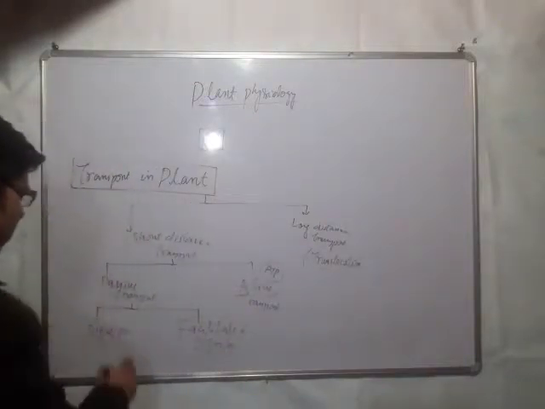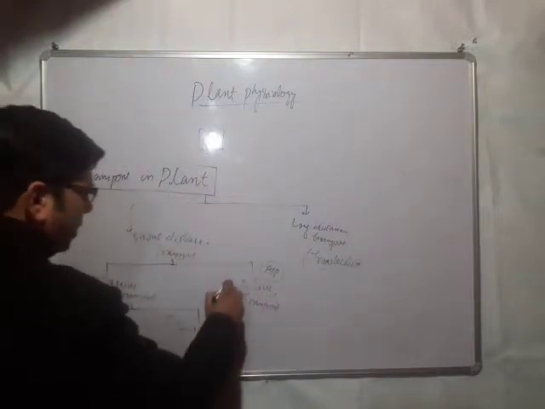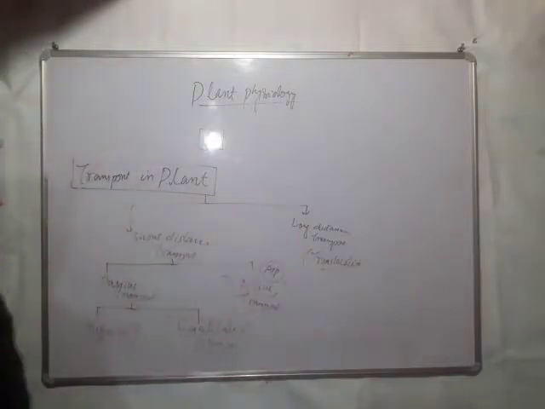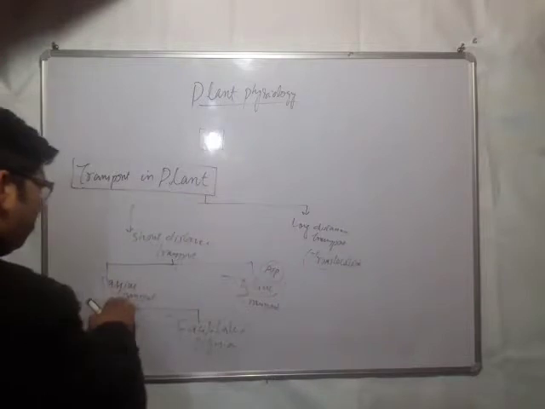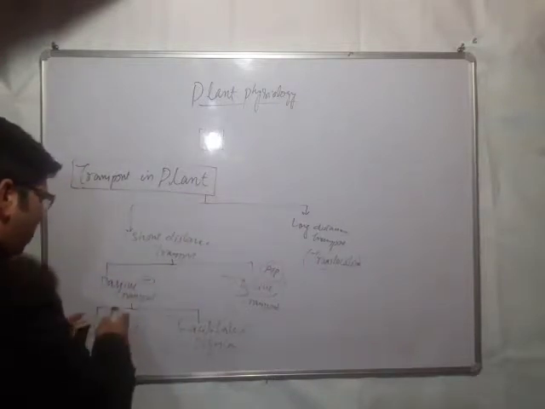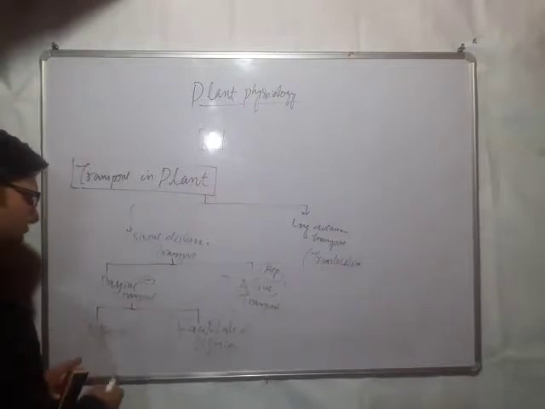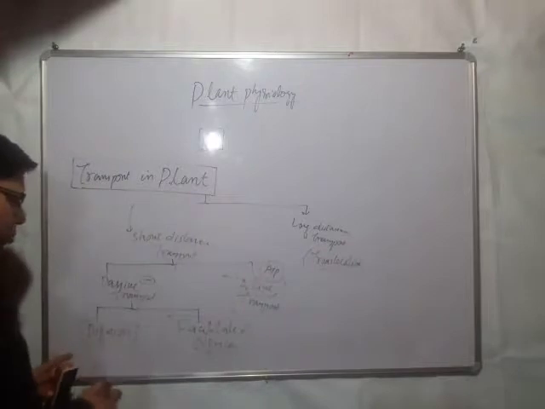Now what is diffusion and what is facilitated diffusion? Then we have to take up active transport. In case of active transport we need ATP, expenditure of energy. In case of passive transport no expenditure of energy occurs. Now this passive transport, where there is no requirement of energy, has two types. First is diffusion, second is facilitated diffusion.